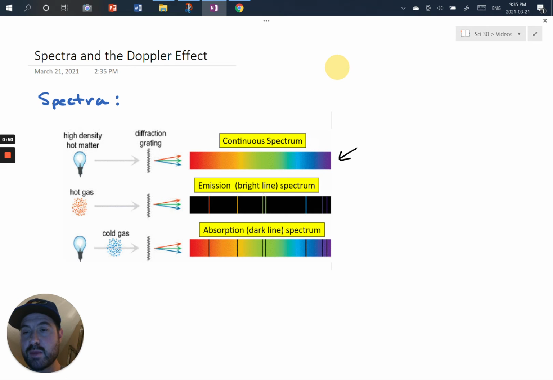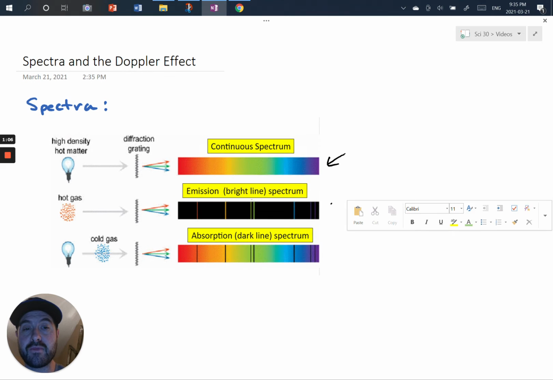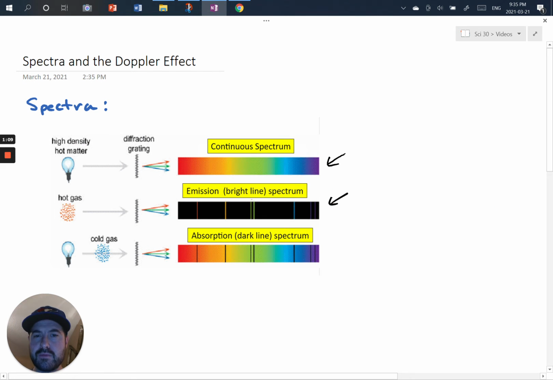The continuous spectrum is not going to be that important for us. The emission spectra and the absorption spectra are a little bit more important for us. So an emission spectrum, where we would have a dark background and some bright lines, this one right here.